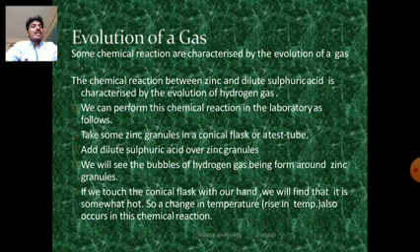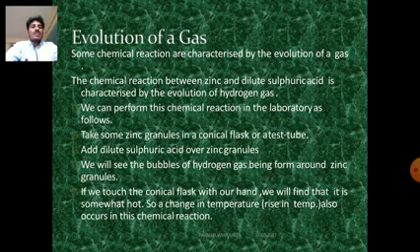Next one is the evolution of a gas. Some chemical reactions are characterized by the evolution of a gas. The chemical reaction between zinc and dilute sulfuric acid is characterized by the evolution of hydrogen gas. We can perform this chemical reaction in the laboratory as follows. Take some zinc granules in a conical flask or a test tube.